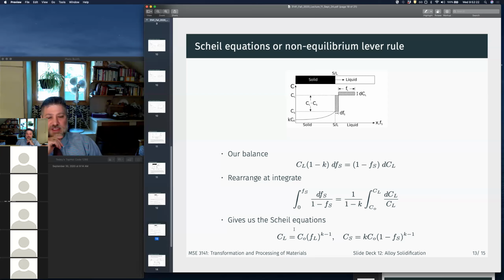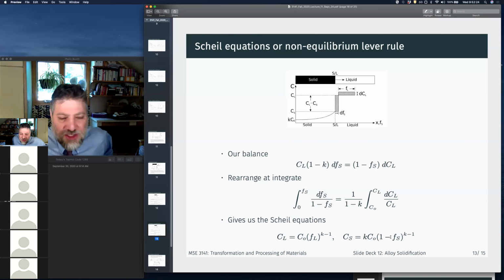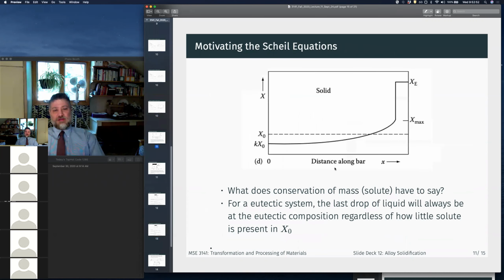So this here is essentially how we can predict these composition curves, and for homework, you will make some plots as you plot this out. You'll see you get curves that look like this.